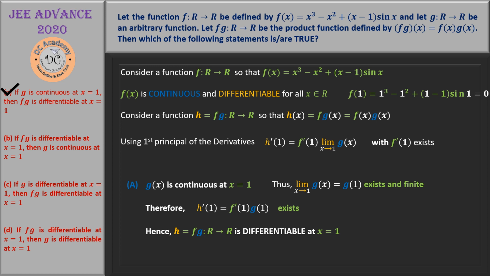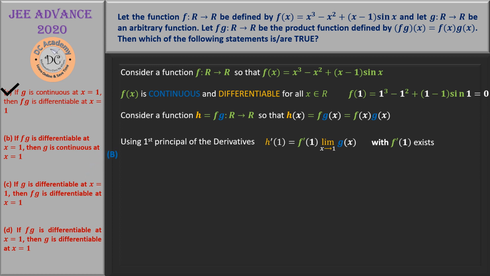Let's go ahead and put our concentration on option B now. Notice that option B says fg, that is h, is differentiable at x equal to 1. Now we have to comment on whether g is continuous, yes or no, at that particular point.